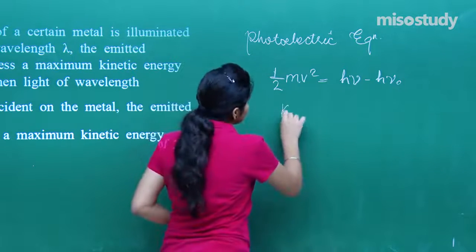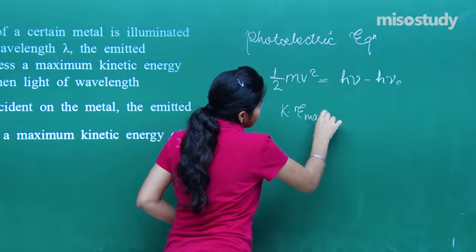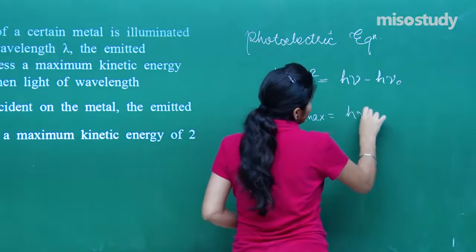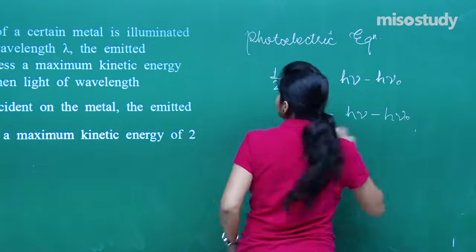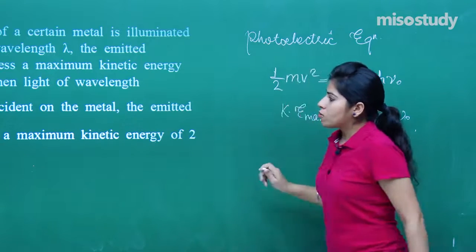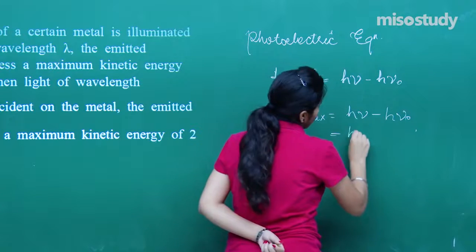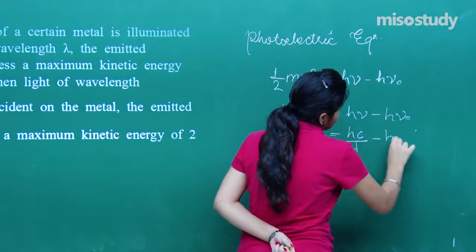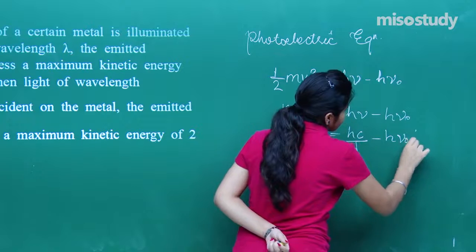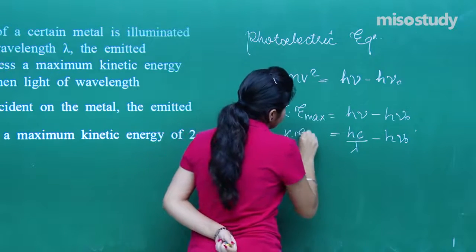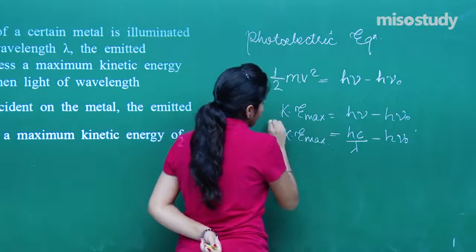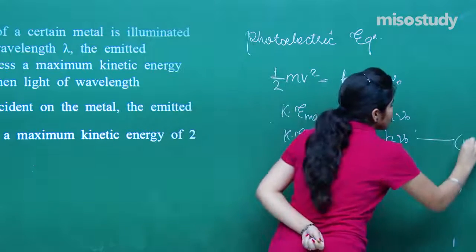You can write this as Kmax equals h nu minus h nu naught. Now you can represent this as hc by lambda minus h nu naught. This is the kinetic energy max. This is equation number 1.